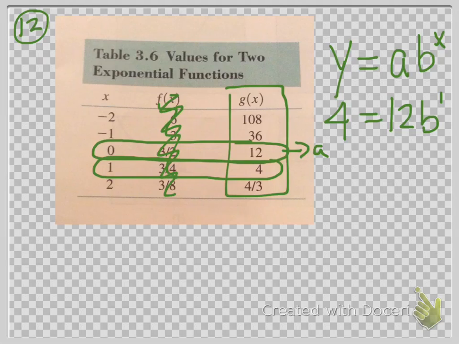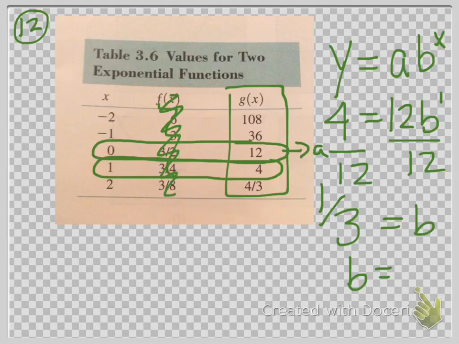Well, that's pretty cool because now we have to solve a linear equation. Pretty simple. Divide both sides by 12, so that tells us that b is 4/12, which is also known as b equals 1/3. When we reduce 4/12, we get 1/3, but you should write it with a negative exponent.